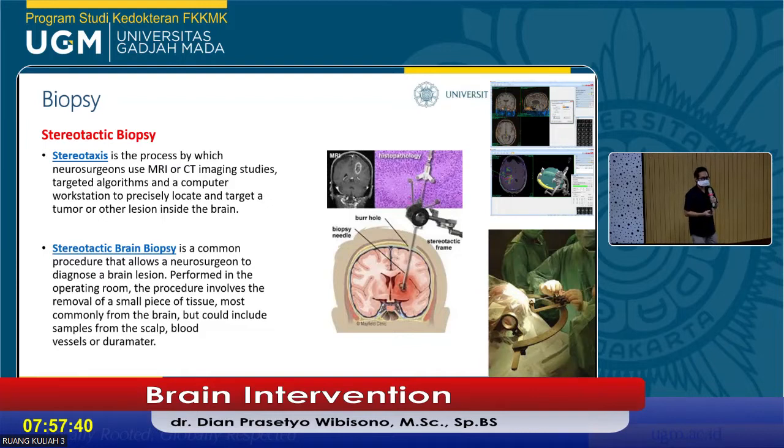No, it's not that simple, because we also have to know the anatomical aspects of the brain, so we can do this procedure without any injury to the brain. When we put in the biopsy needle, there are a lot of anatomical structures that we have to preserve.